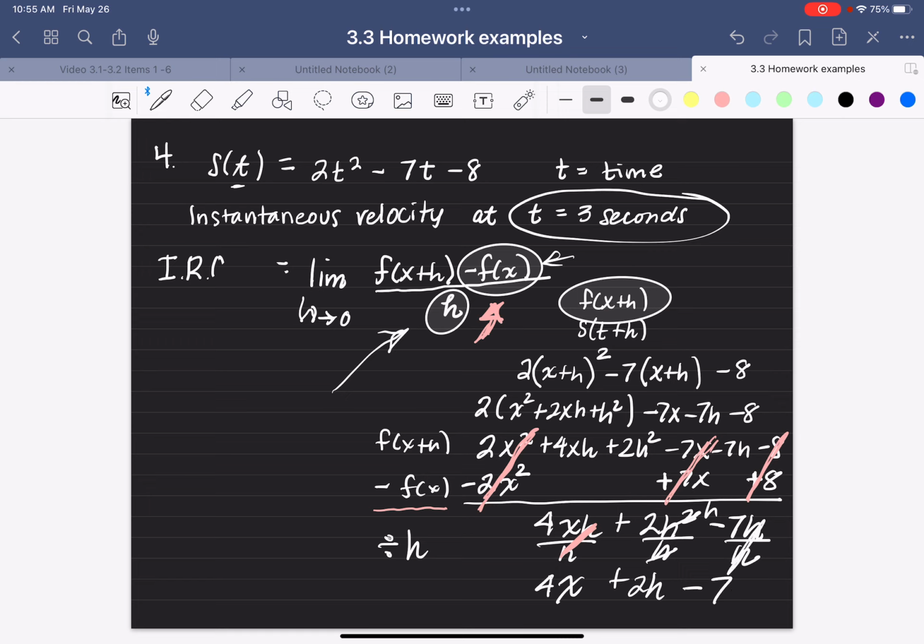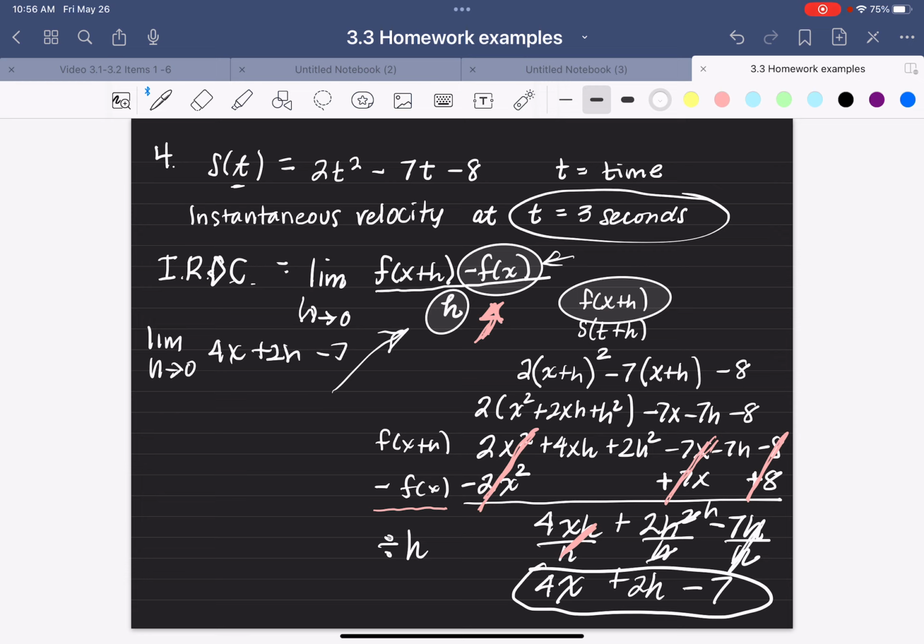So now I can actually do the limit as h goes to 0 of what's left after I did all that evaluation. 4x plus 2h minus 7.